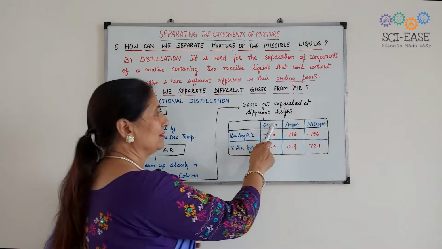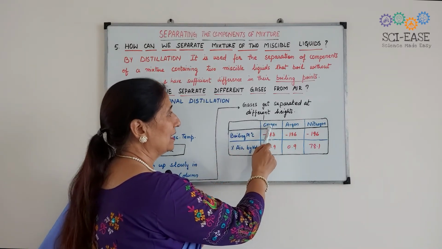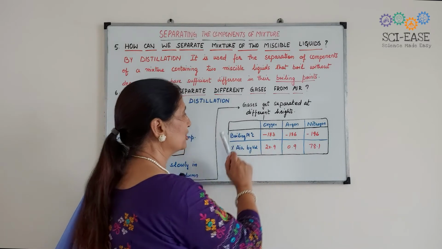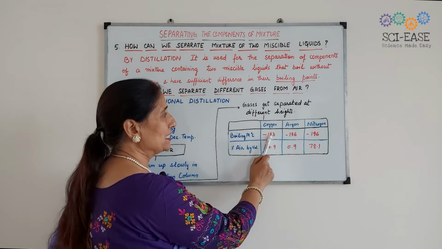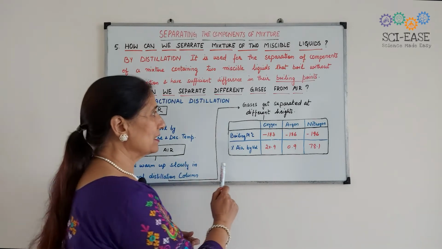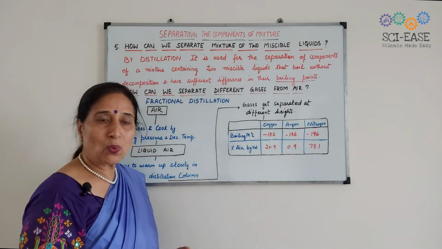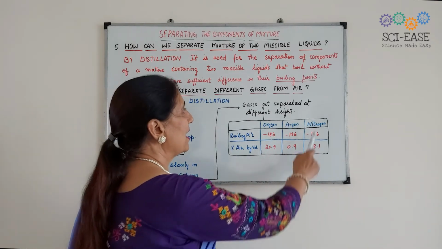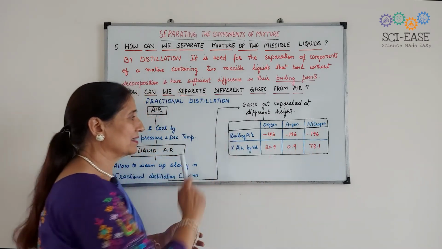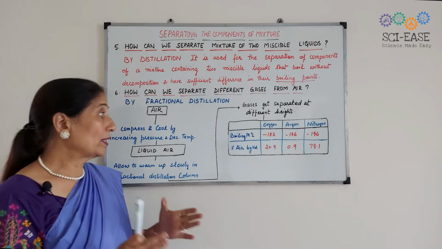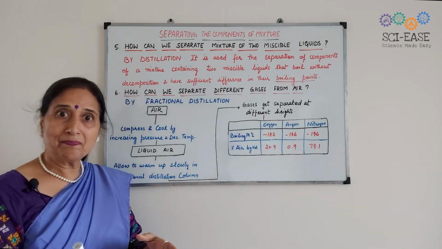So we have collected oxygen, argon and nitrogen. Boiling points are oxygen minus 183 degrees Celsius, argon minus 186 degrees Celsius and nitrogen minus 196 degrees Celsius. And what is the volume of these gases in the air?